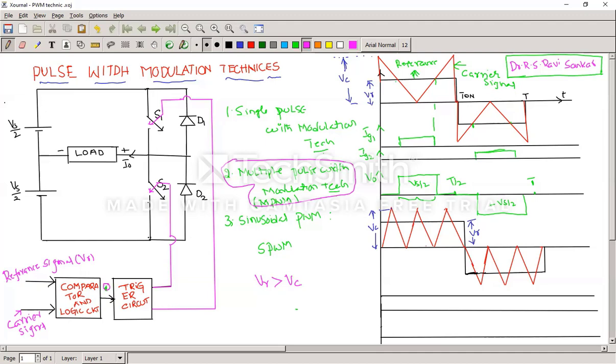Once it is 1, the triggering circuit gives a pulse to S1 or S2 depending upon the positive cycle of the reference signal or the negative cycle.